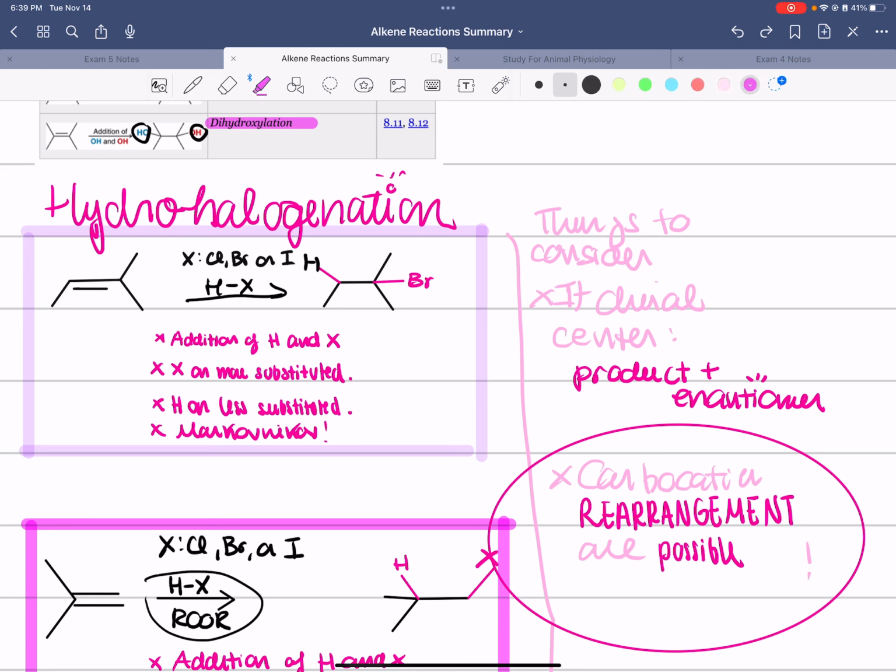So when we're given on an exam that arrow with a hydrogen and an X, it's gonna be a Markovnikov reaction.